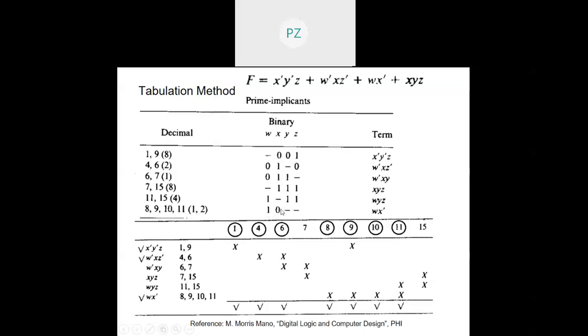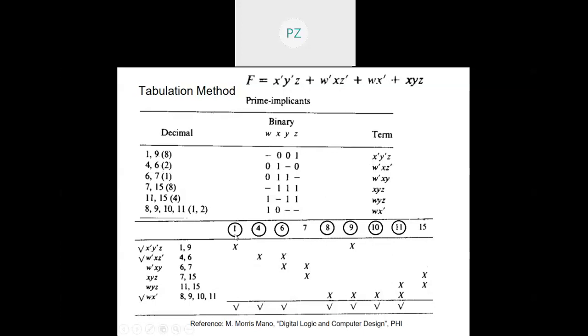And this will be wx bar, or wx dash, these both of them have been eliminated, wx bar, right? So they are said to be the prime implicants. So this is the prime implicant table. Next step is to find out the essential prime implicant. So what I'll do, I'll write the first term x dash y dash z and what all terms it covers.